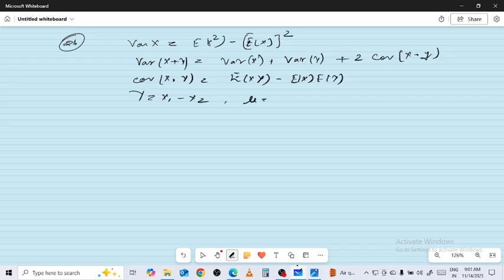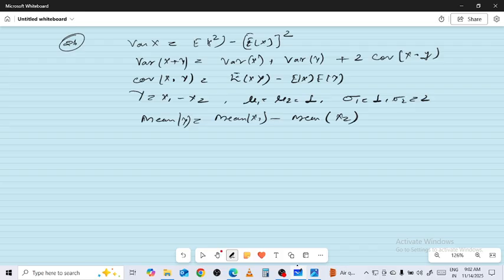So the y value is equal to x1 minus x2. Mu1 is equal to mu2 is equal to 1, sigma is equal to 1 and 2. Then y is x1 minus x2, so the mean of y is the mean of x1 minus the mean of x2.